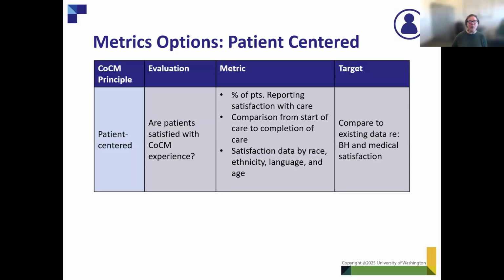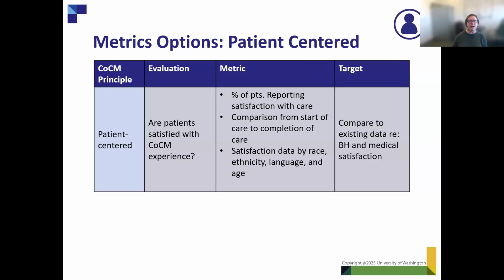And you can do that with a lot of healthcare organizations have surveys that they send patients. A lot of the larger organizations have contracts with survey organizations who send satisfaction surveys out to patients after they've had some sort of a healthcare encounter.